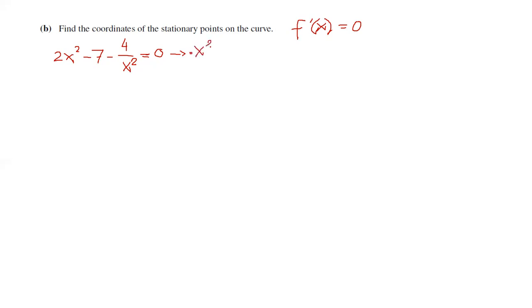x squared, it's going to be 2x to the power 4 minus 7x squared minus 4 equals 0. Afterwards, factorize.